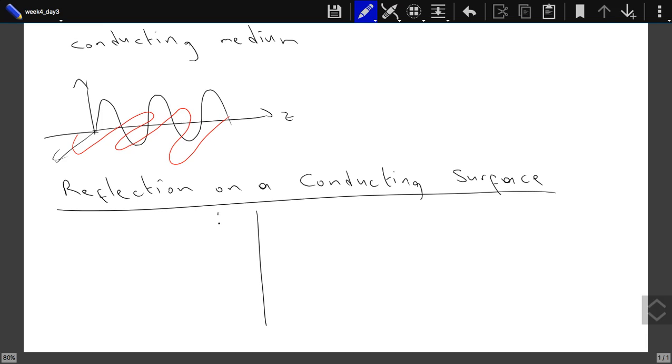So we have two media, mu1 epsilon 1, mu2 epsilon 2, and let's say this second medium is also conducting. So we have this sigma. We have an incident wave. This is the electric field. This will be the B field.